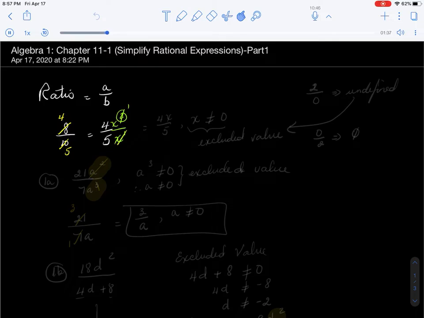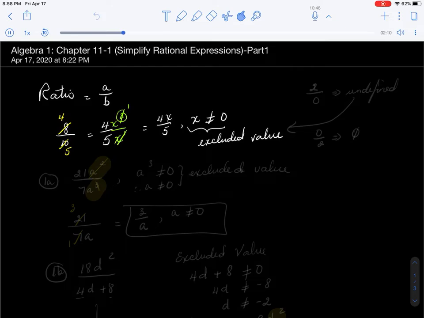So you should have 4x over 5, where x cannot equal 0. This is what we call an excluded value. We always include the excluded value with the given expression, not after you simplify. Do that before you simplify.